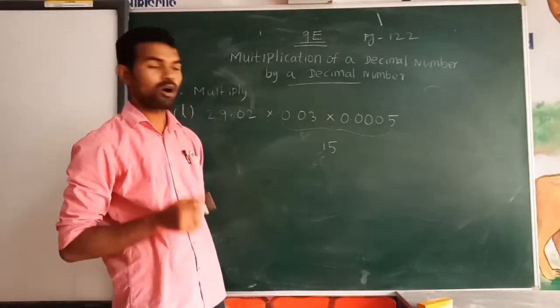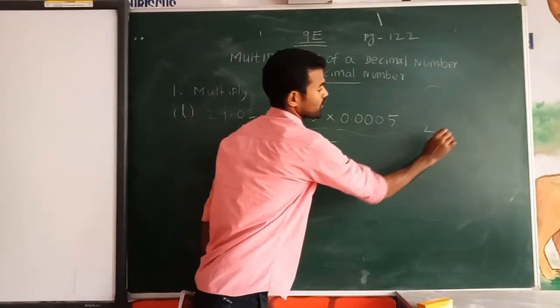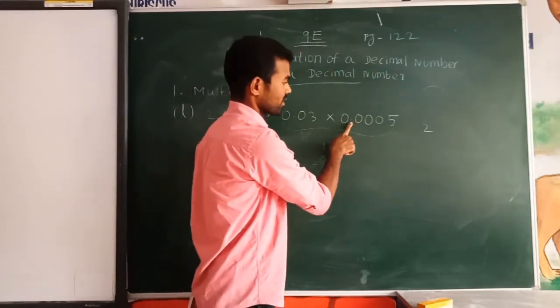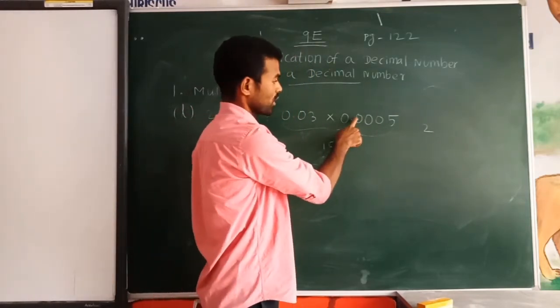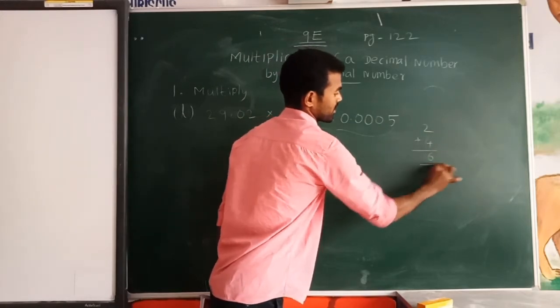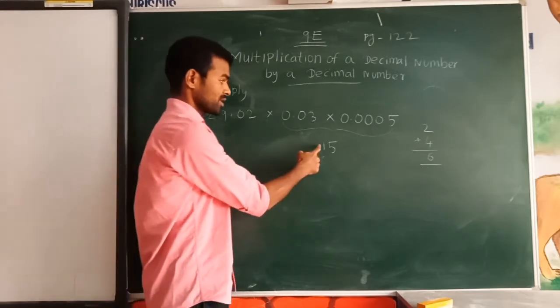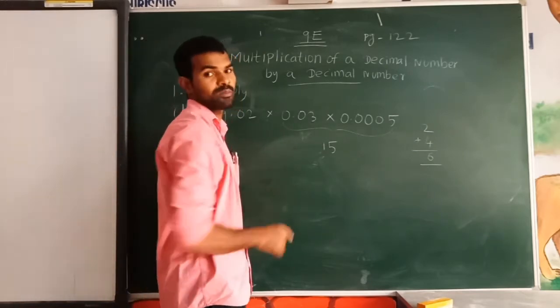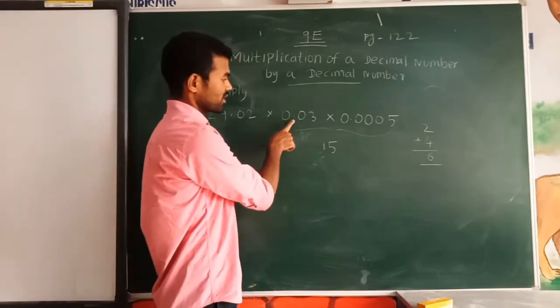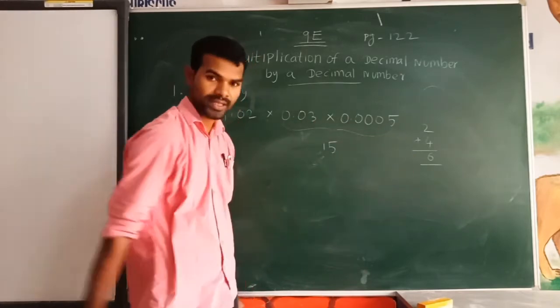How many decimal places here? After the point, 2. And here after the point, 1, 2, 3, 4. So in the product there must be 6 decimal places: 2 plus 4, 6.